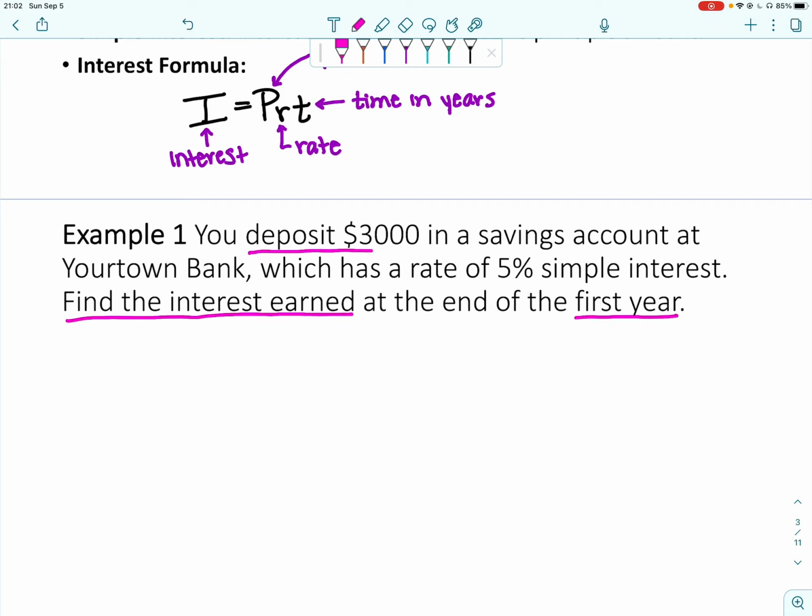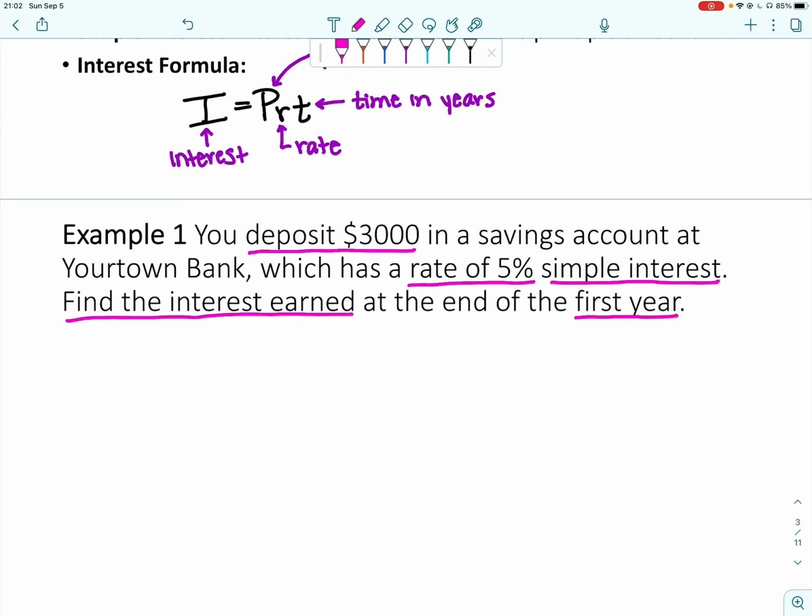We are depositing $3,000. And our savings account has an interest rate of 5% simple interest. These are all very important things that I need to identify as I'm reading through these, because these are things that are going to change from problem to problem.